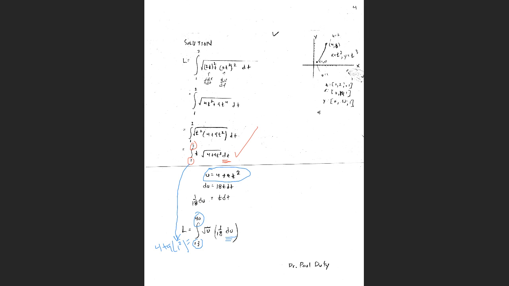And then the other one, the 40, well, that limit, if you have 4 plus 9 times 2 squared, that equals 40. The 2 is right there. You see that, Mohammed? Okay, good. That's why you have to change those limits.